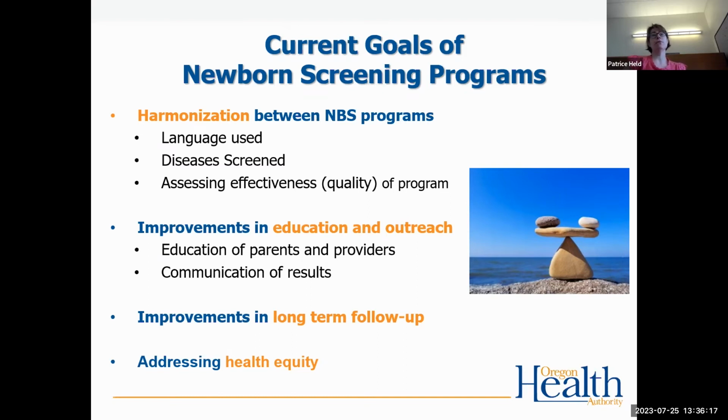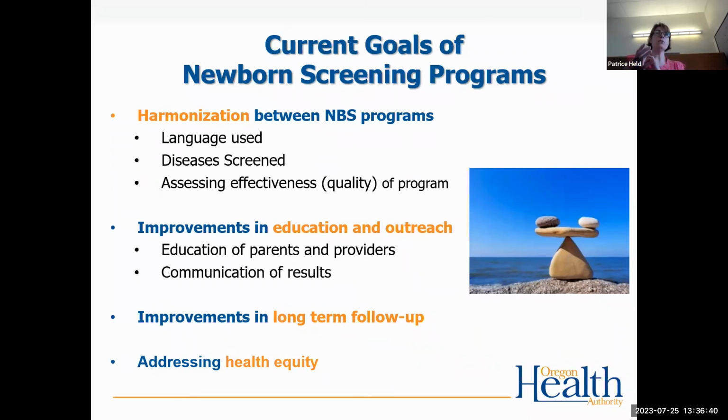Another place that improvements are needed is in long-term follow-up. Over the years, we've added conditions to our newborn screening panels that sometimes don't always present within the newborn period, but actually present a little bit outside of that newborn screening period, like maybe within the first year or two of life.